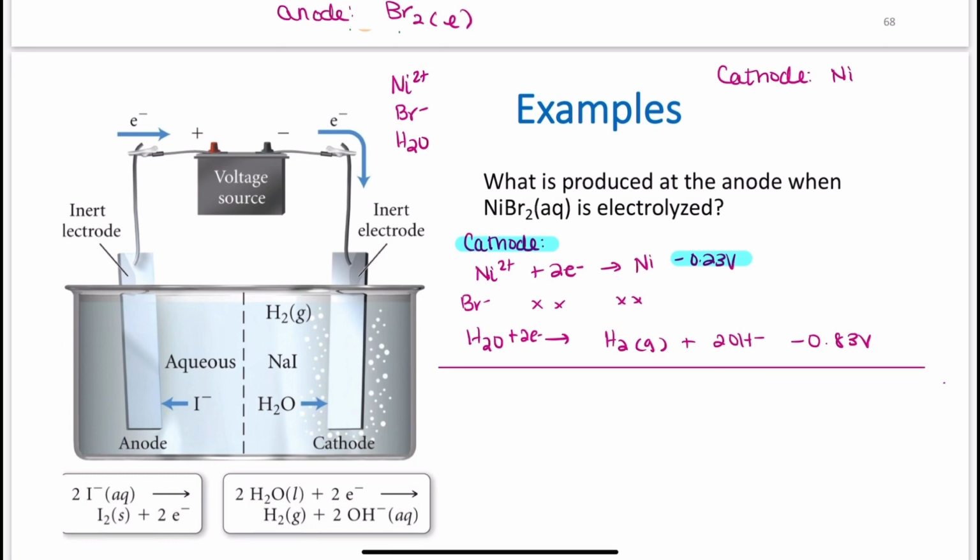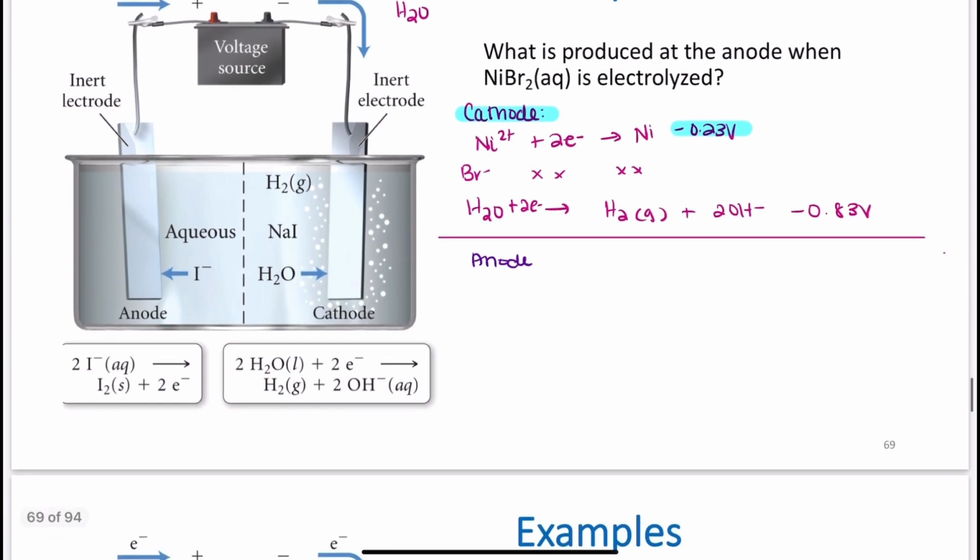At the anode, Ni2+ cannot do anything. A higher oxidation state is not listed for nickel. It does not want to lose any more electrons. 2 Br- forming Br2, negative 1.09 volts.